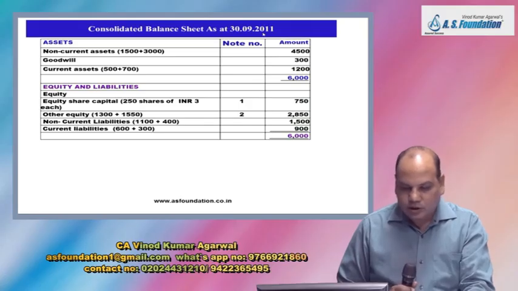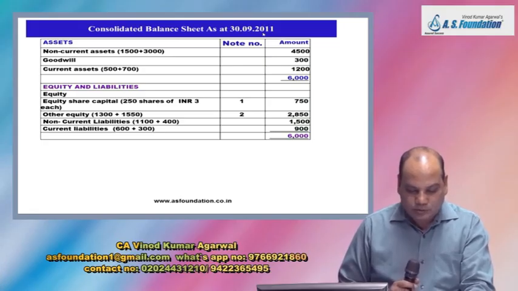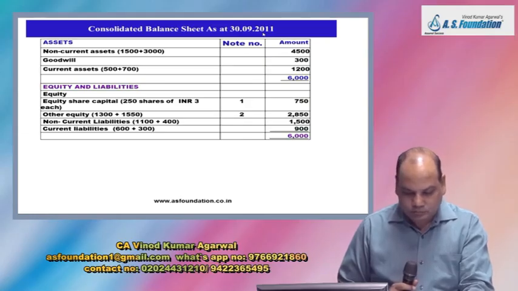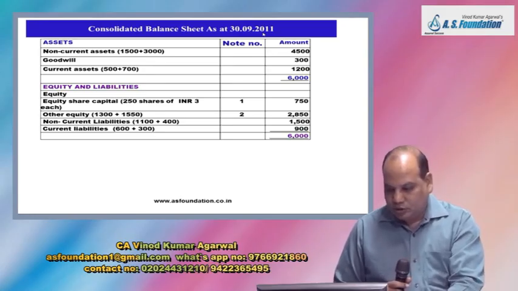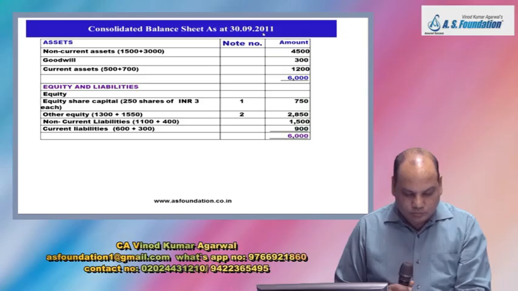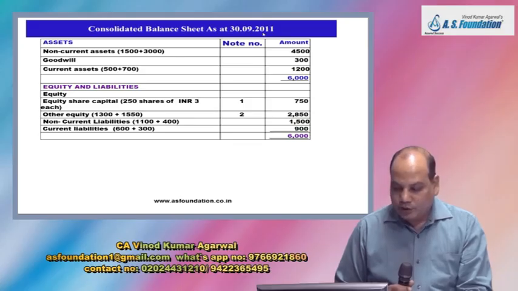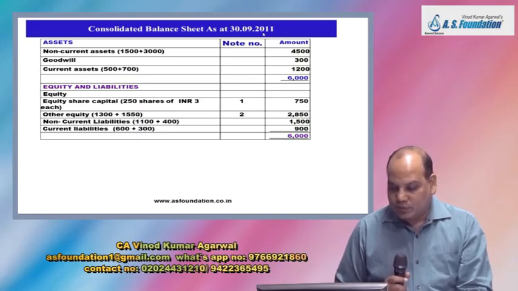One line blank. Equity and liabilities. Equity share capital. Equity share capital 250 shares of INR 3 each. 250 shares, you understood? 150 shares issued, 100 existing shares, 750.